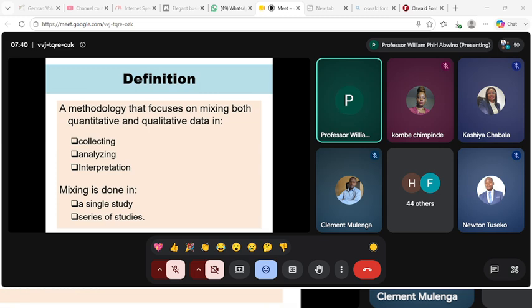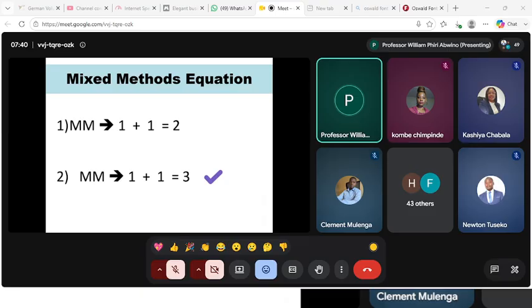So mixing is done, for example, in a single study, just a single study, you can actually apply this, or in a series of studies. So basically, that's what we are saying.